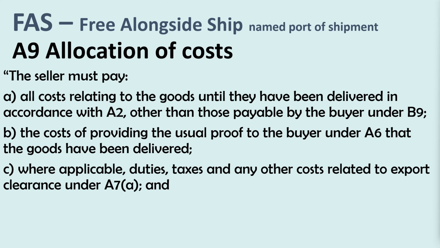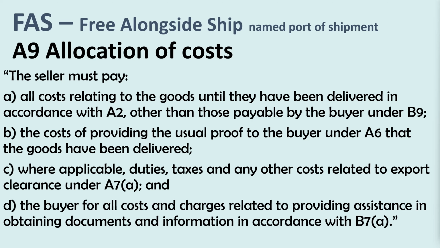The seller must pay C, where applicable, duties, taxes and any other costs related to export clearance under A7A. And the seller must pay D, the buyer, for all costs and charges related to the buyer providing assistance in obtaining documents and information in accordance with B7A.